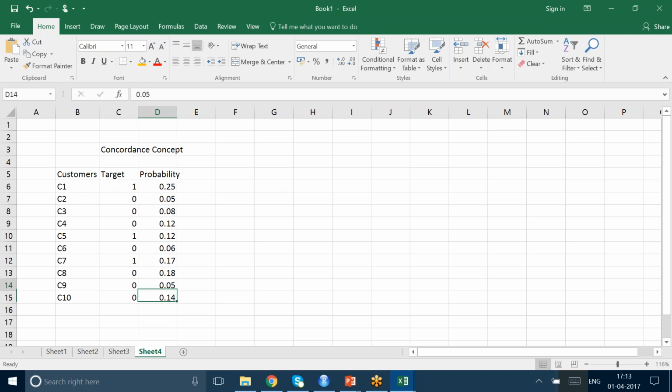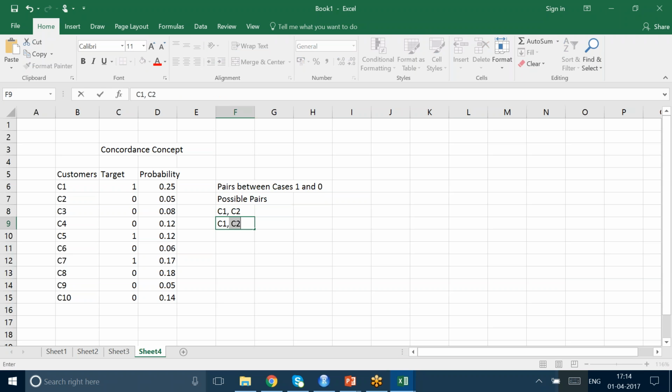The first step in concordance is you have to create pairs between cases of target 1 and 0. So what are the possible pairs? C1 is my 1 and C2 is 0. This is a possible pair.